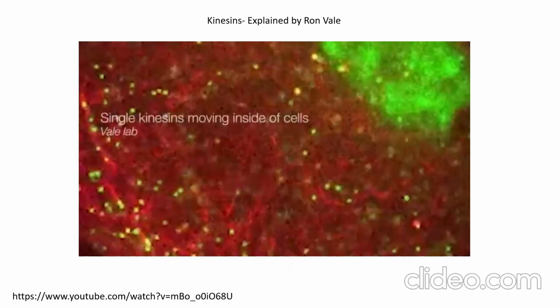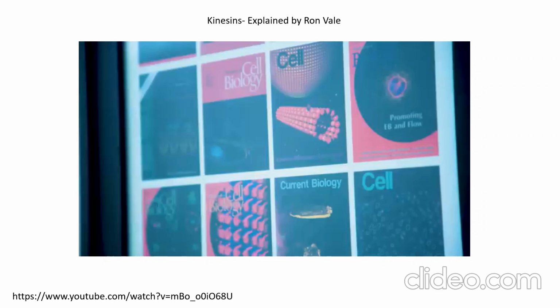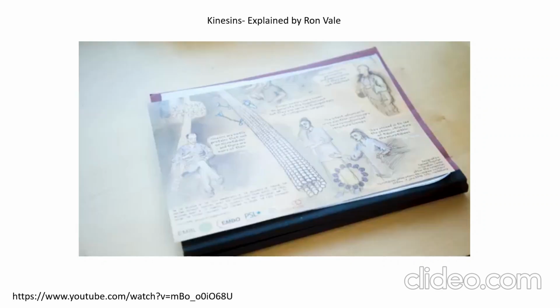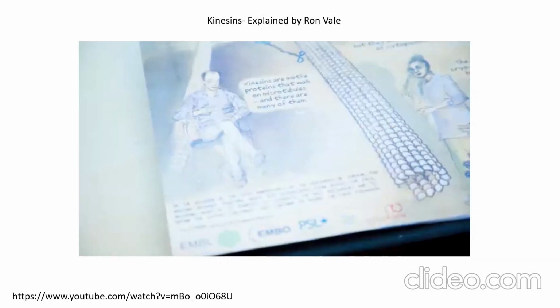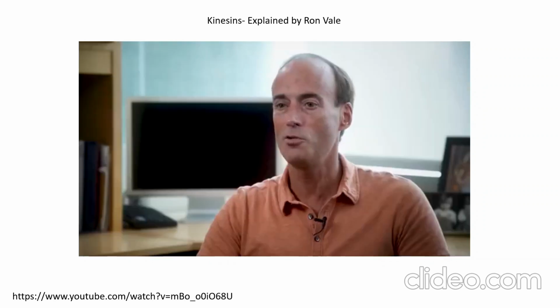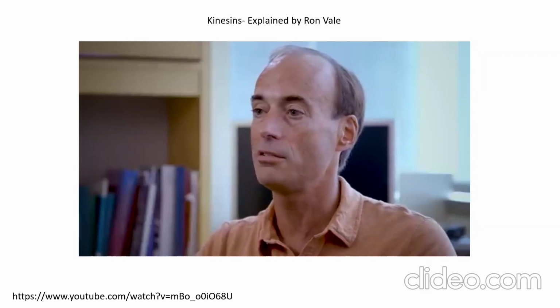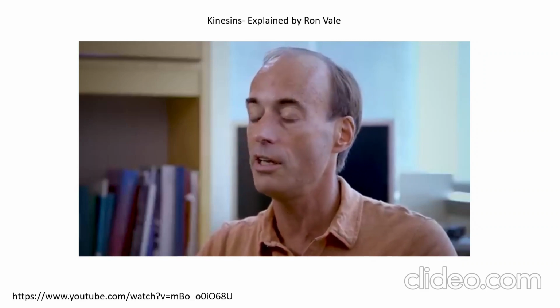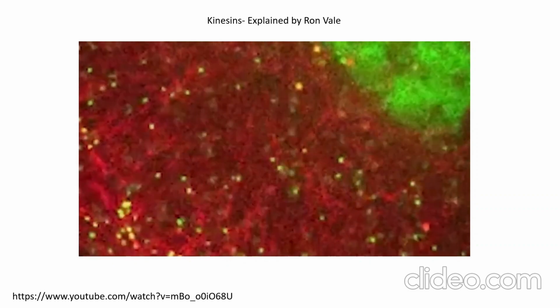How does something that's a millionth of an inch in size generate that motion? My lab at UCSF spent about 10 to 20 years trying to figure out the answer to that question. We know about kinesin now, we know a lot about how it moves, but there's still so many fundamental questions that we don't know about how all this motility is regulated, how all of these cargoes know how to go to the right places. There are always new questions that one wants to know the answers to.